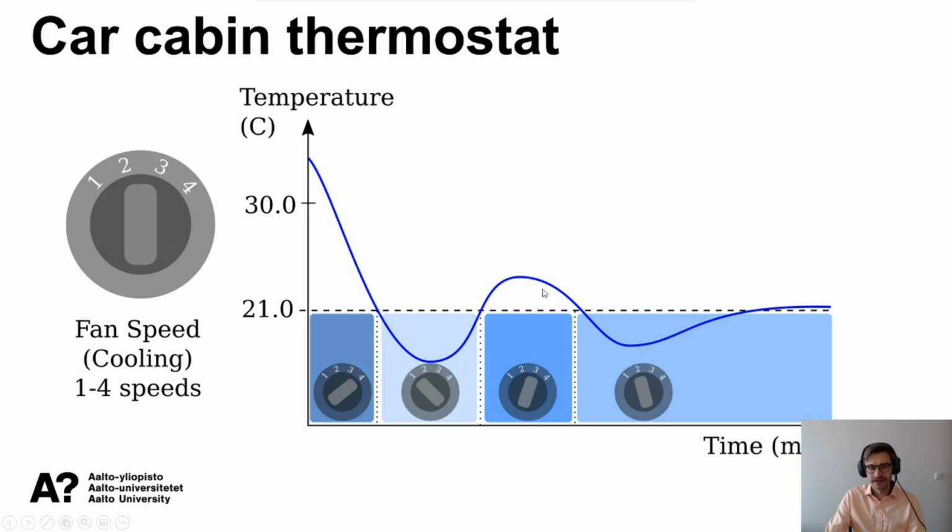But then the problem again is that the car cabin is hotter than we want. So then you need to adjust little by little, and in the end it seems that actually the setting 2 could be the one that keeps it somewhat at the reference temperature. Most likely you would need to change it every now and then to setting 3.